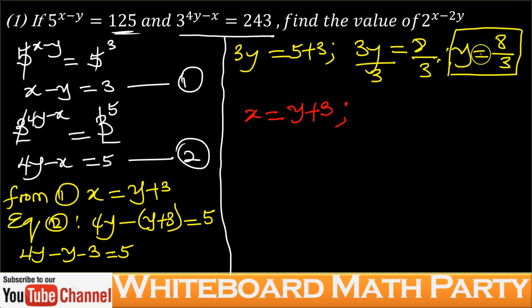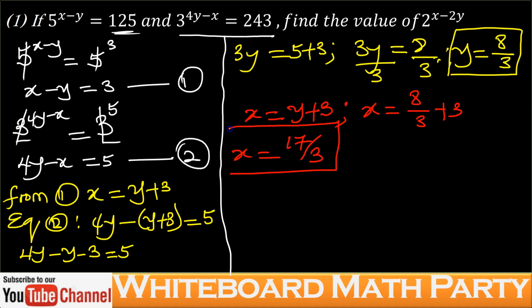Hence, if I substitute this value, x will become 8 divided by 3, add 3. Working it out in fraction style, 3 times 3 is 9, so 9 plus 8 is 17. That leaves 17 over 3, which is the value of x. So we have successfully found the value of x and the value of y. But that's not what we're looking for in this question.